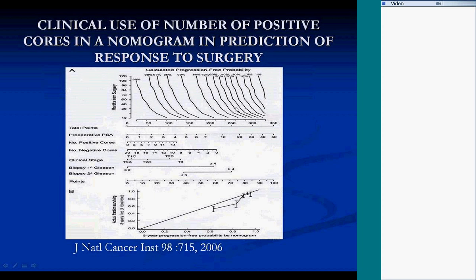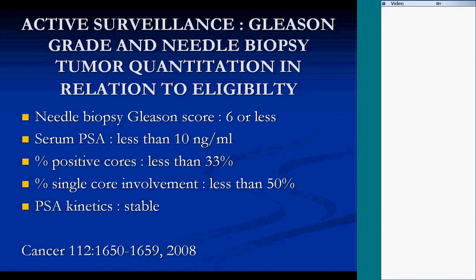So obviously the more points, the worse the outcome. So just an example of the clinical importance in predicting response to therapy for Gleason grade and positive cores in needle biopsy parameters that are addressed in the CAP protocol.